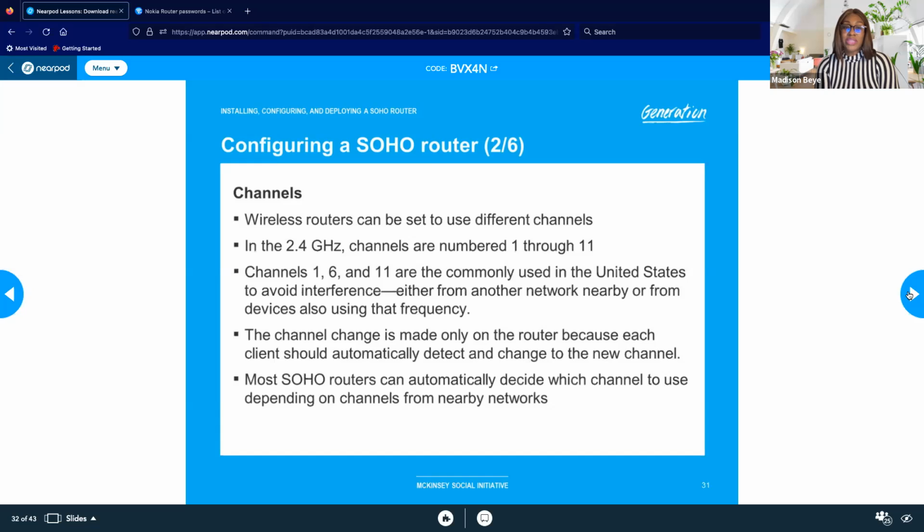Because those are the different standards, they may not list above 11. Is that what you're getting at? Nope, just wondering what the difference was. Yeah, so they may be listed 1 through 11, so it'll be 1, 6, and 11.